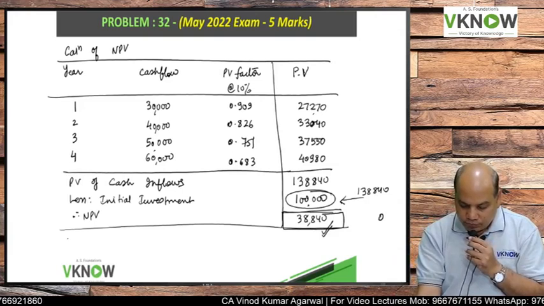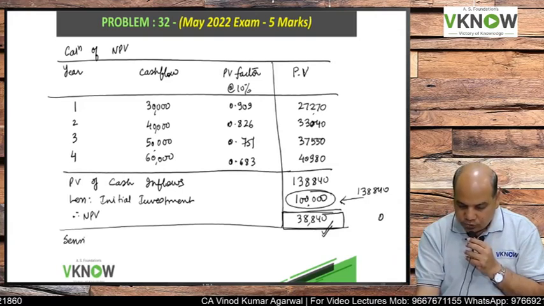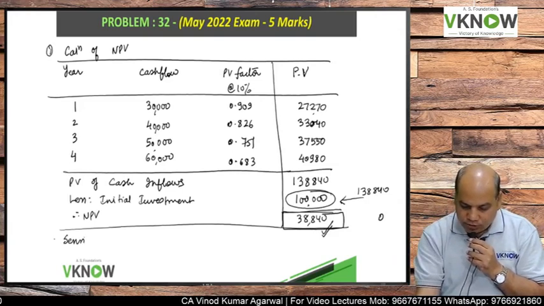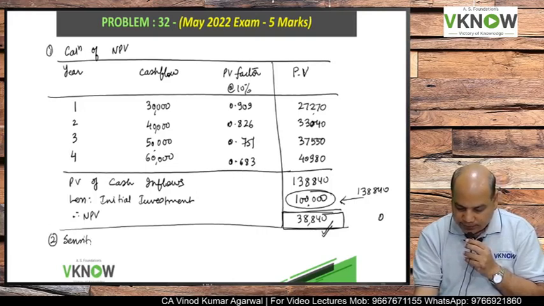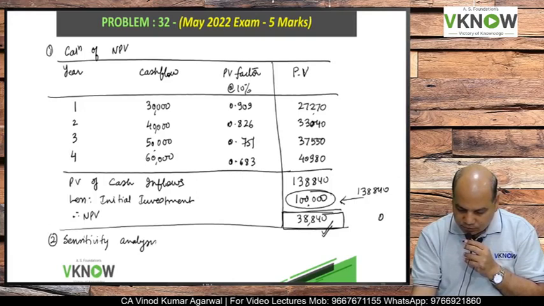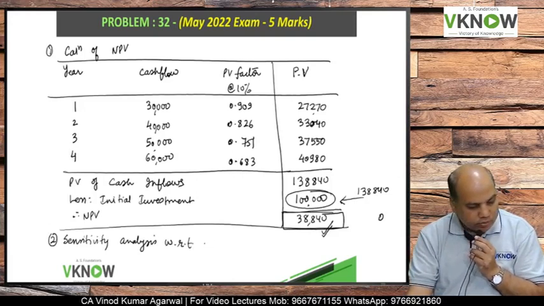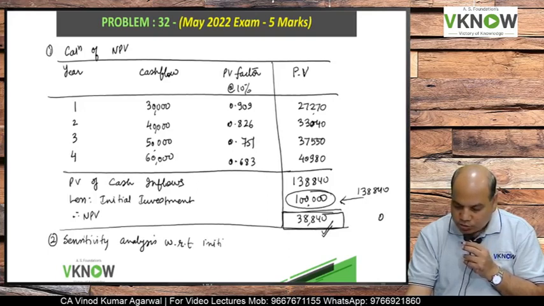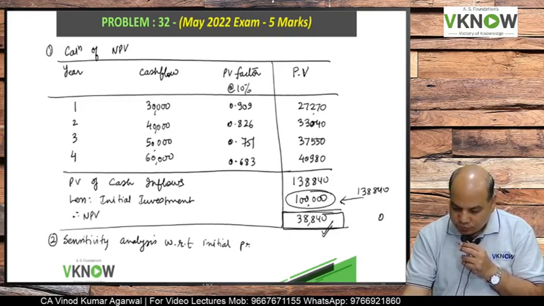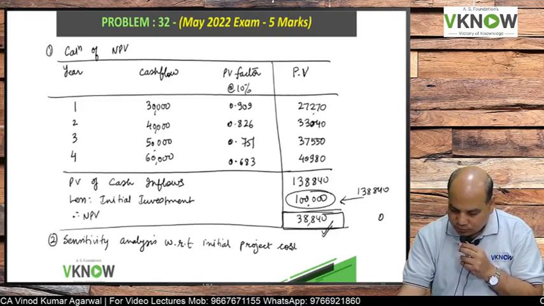So write down step 2, sensitivity analysis with respect to initial project cost. Use the same terminology which the question uses.